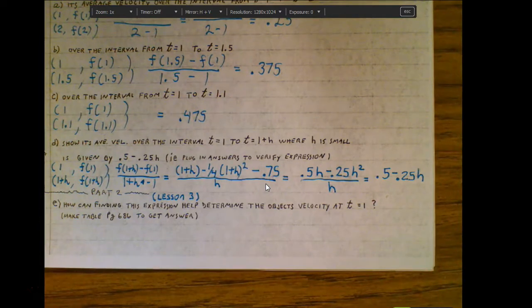When we went from 1 to 1.1, so again, think of this as going from 1 to 1 plus 0.1, that made 0.1 the h value. And so once we developed this expression from 1 to 1 plus anything, we were able to just sub in an h value in order to get these same responses.